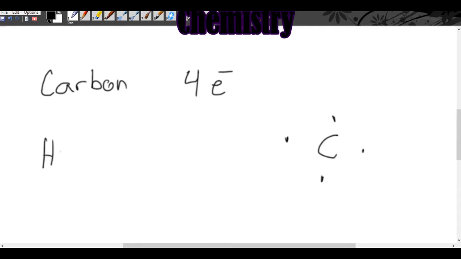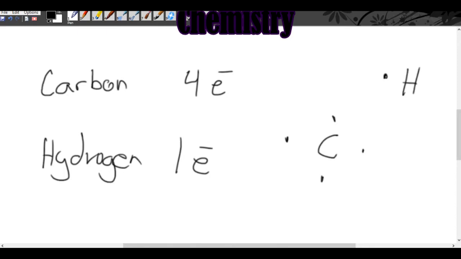We all know that carbon here has 4 valence electrons, which means that it can bond with 4 other elements. And that hydrogen here has 1 valence electron, so this can bond with just one other element.